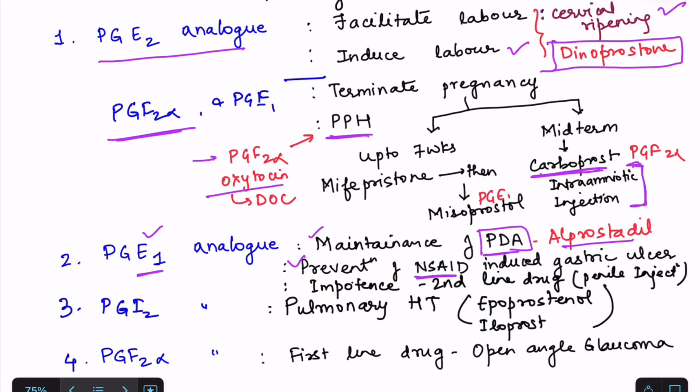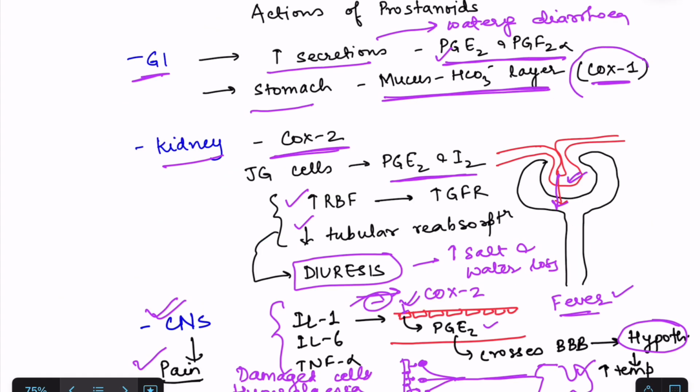Actually, these NSAIDs are the COX inhibitors. Okay, now I have told you before that COX1 enzyme is important for the production of prostaglandin E2, which is important for production of mucous bicarbonate layer, preventing the gastric mucosa from damage from acid. Right?